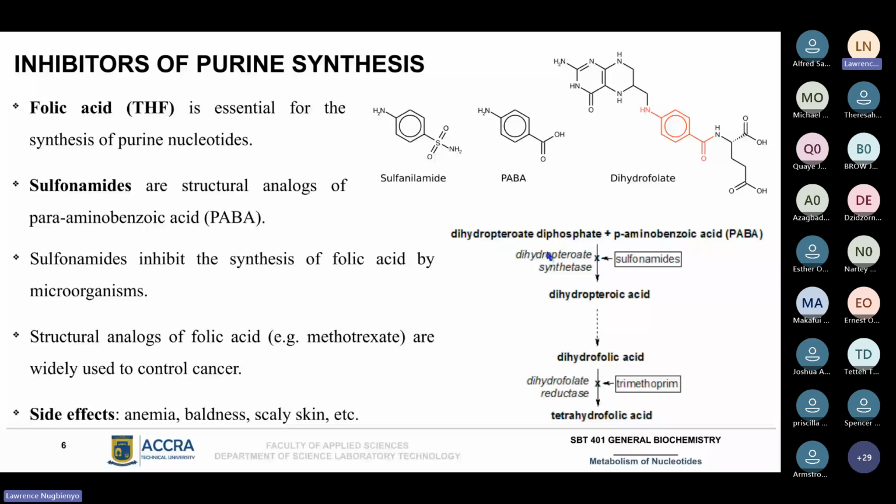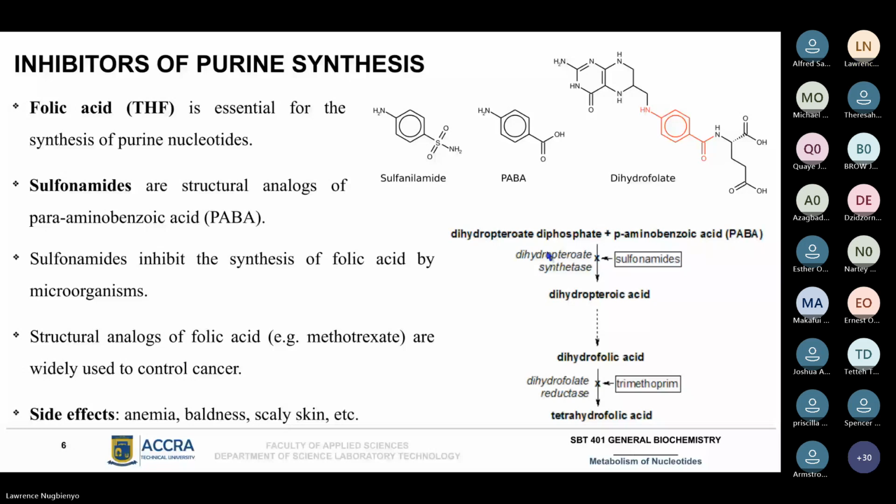So that is an example of the use of the knowledge of enzymes, together with the synthesis of nucleic acids, knowing the enzymes that participate in these reactions, and at the same time the substrates, so that if you know the structure of the substrate and you introduce one which is a structural analog of the other, it serves as an inhibitor to the process which you want to stop from occurring.